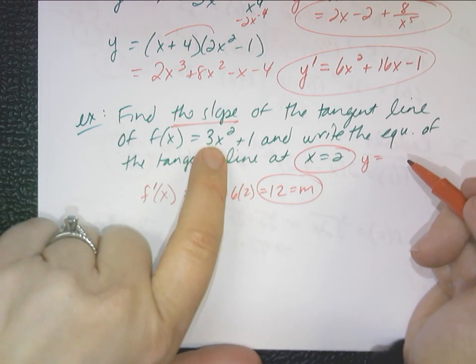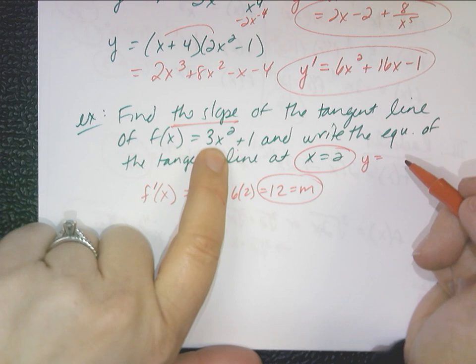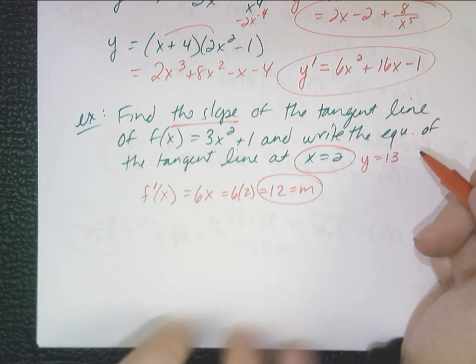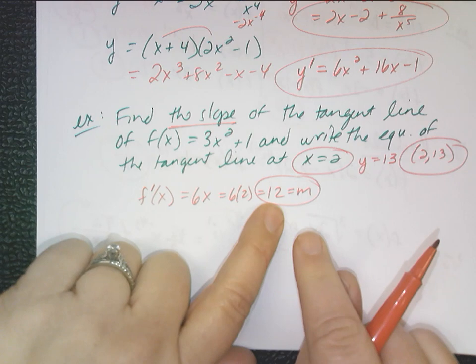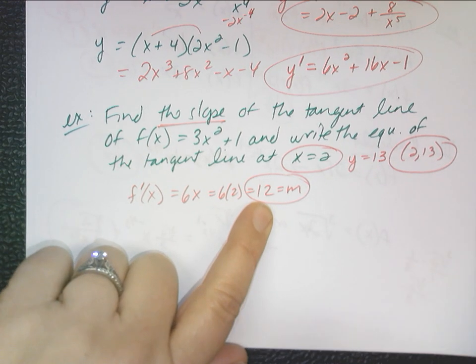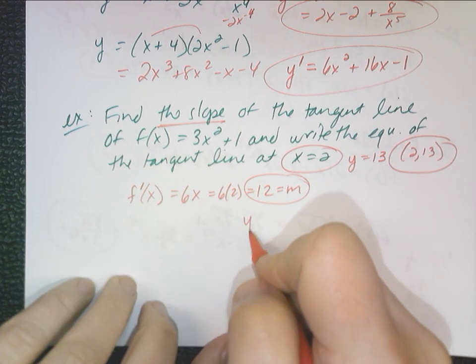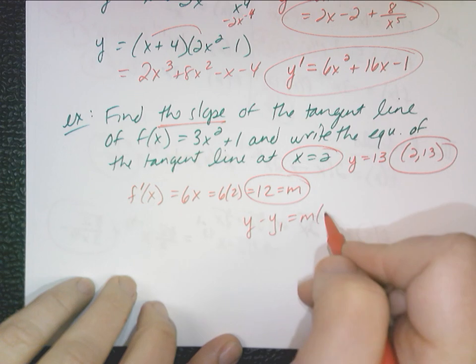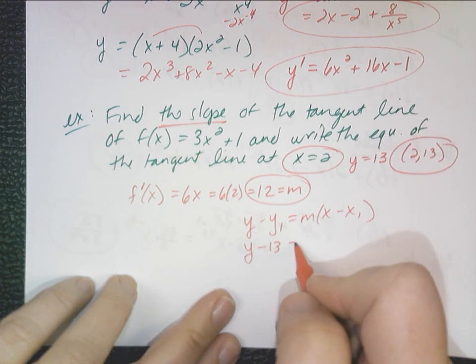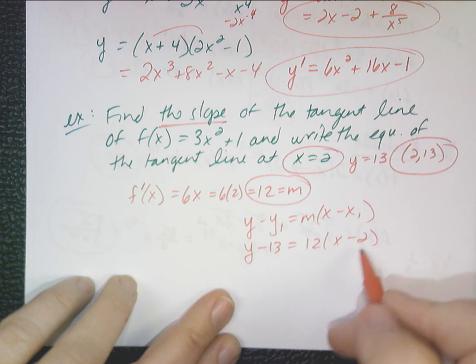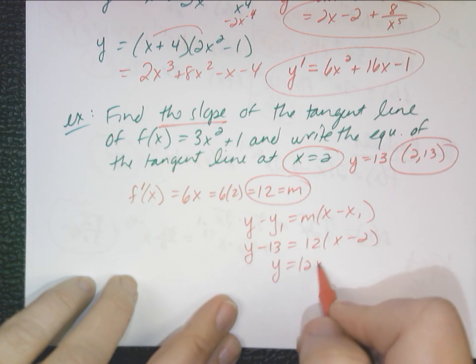If you plug 2 in right now, what are you going to get out? 13, is that right? Okay. So my point is (2, 13). My slope is 12. You're going to write an equation for the line. Y minus y1 equals m times x minus x1. Y minus 13 equals 12 times x minus 2. And then obviously solve it.